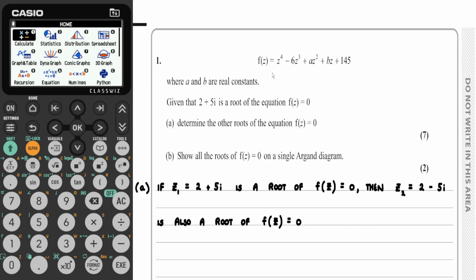Now, we've got a polynomial of degree 4 here, and we know two of the roots, 2 plus 5i and 2 subtract 5i.